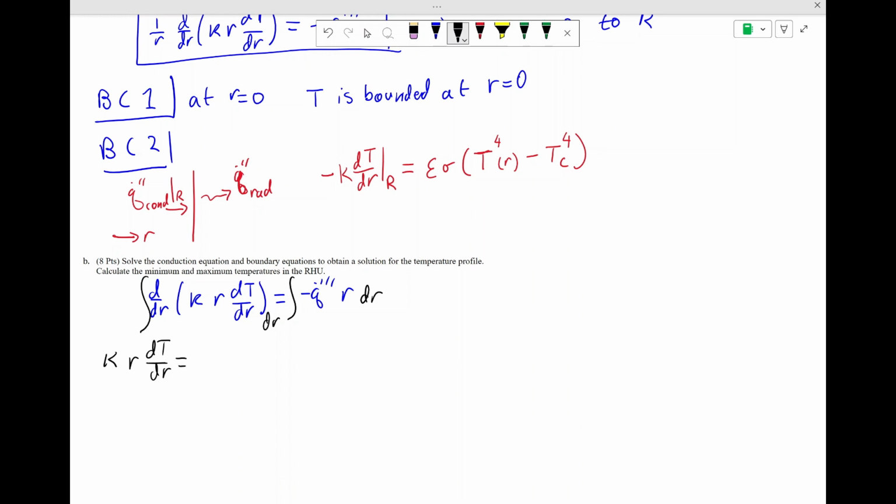On the right-hand side, we're going to integrate a constant times r dr, so we'll get minus q dot triple prime r squared over 2. Then there's a constant of integration that comes out. Next, we'll divide by k r. So we'll get dT/dr is equal to minus q dot triple prime r over 2 plus c1 over r. And then c1 over k r. This first one here has k as well in the denominator. Can't forget k.